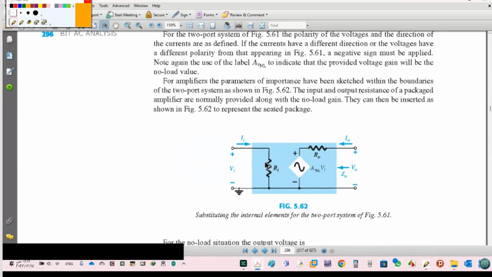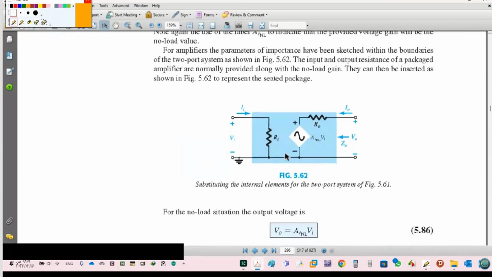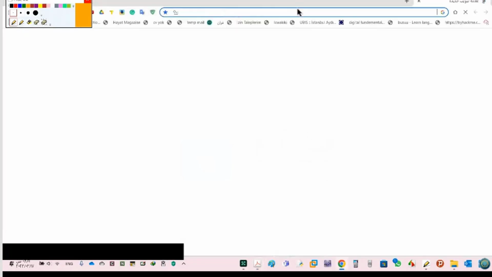I guess you studied or you will study in circuit theory what are called two-port or four-port models.